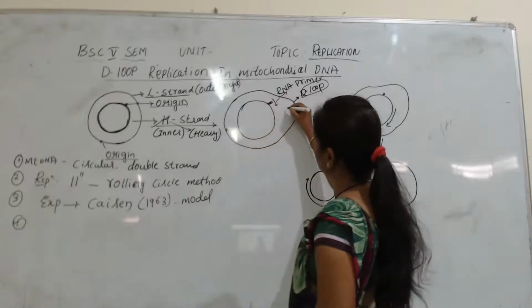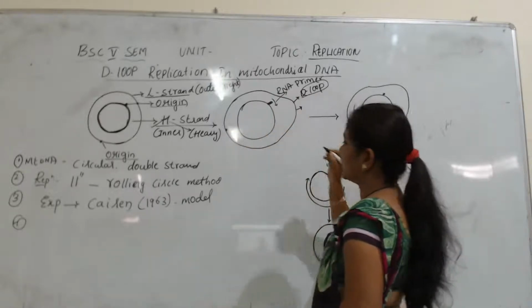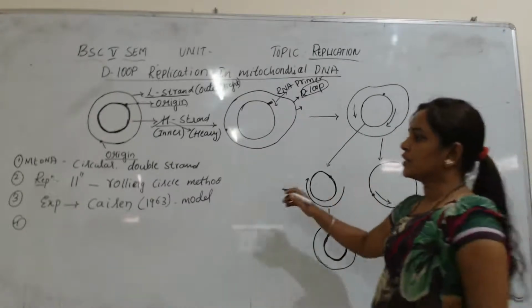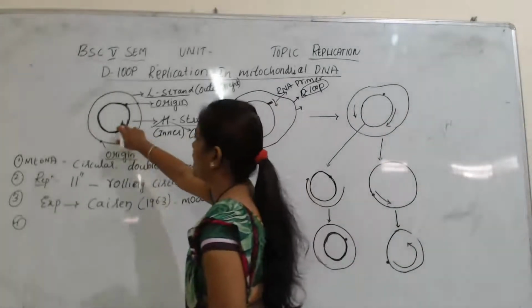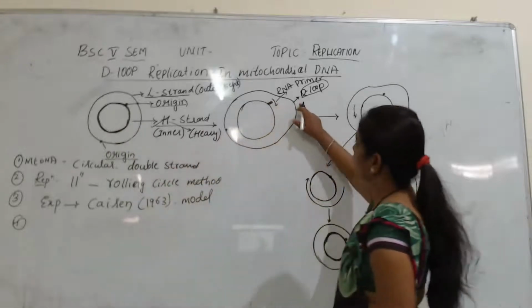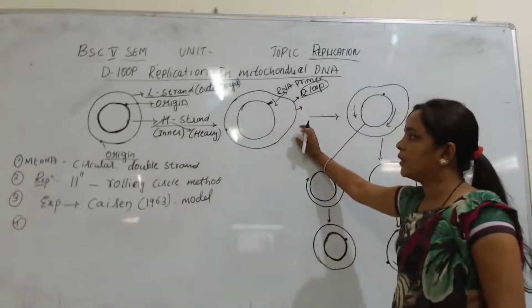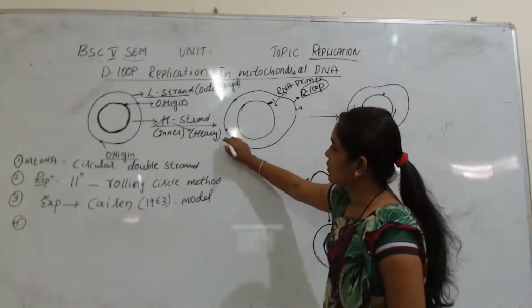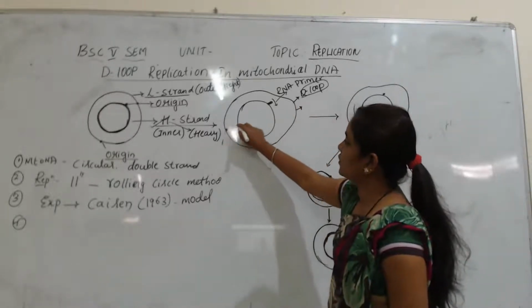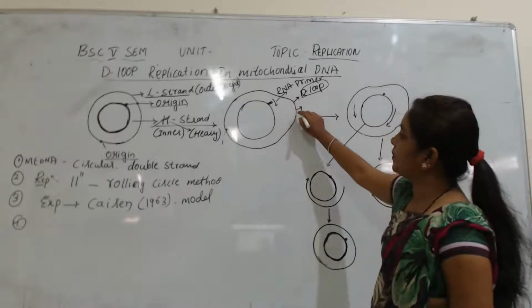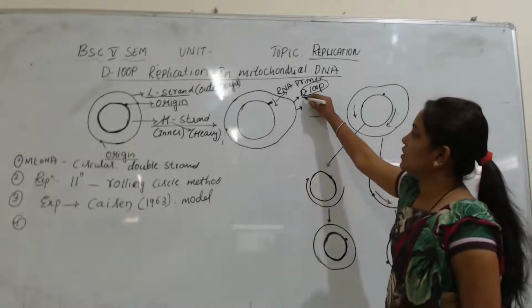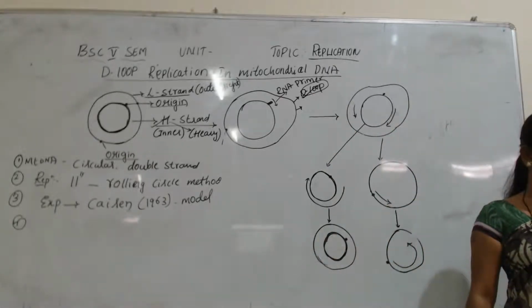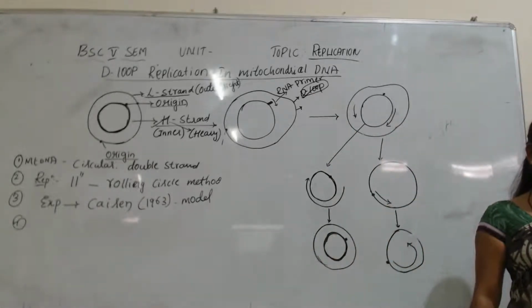Opposite to that, the D loop formation will take place, forming a balloon-like structure exactly opposite to the origin. Understood? D loop takes place opposite to the origin of replication of the H strand.